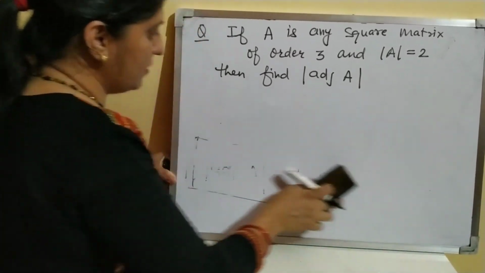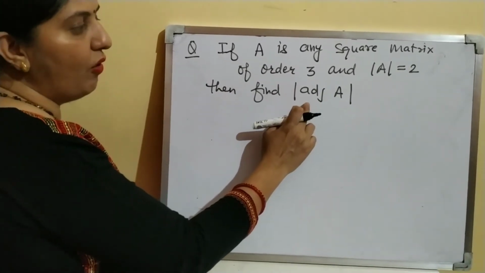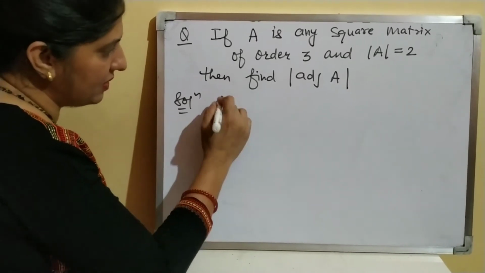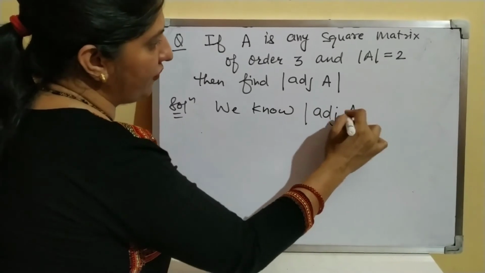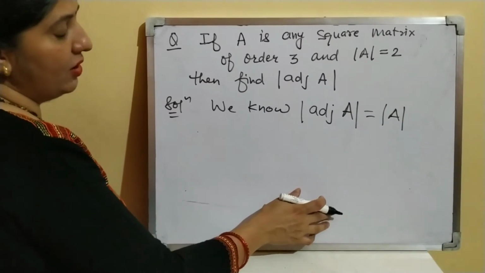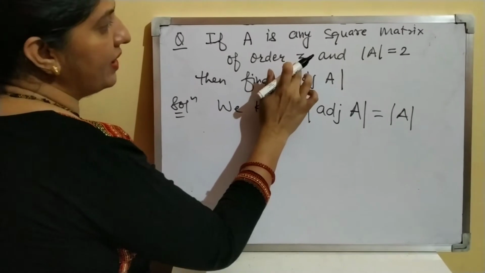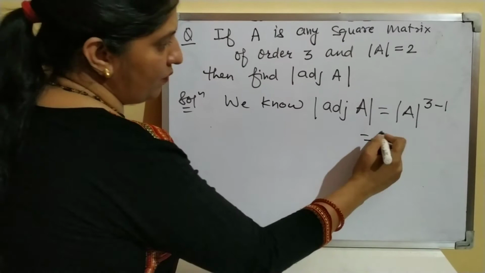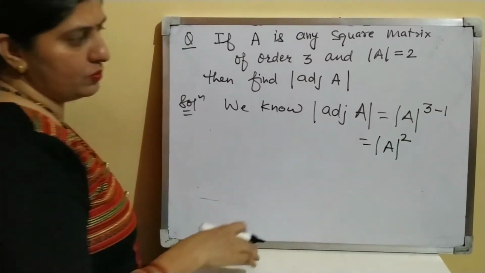Now we will use the above result because we have to calculate determinant of adjoint of a matrix. So by the above result we know that determinant of adjoint of A is equal to determinant of A to the power order minus 1, n minus 1. Here order is 3. So we write 3 minus 1, which is equal to determinant of A to the power 2.